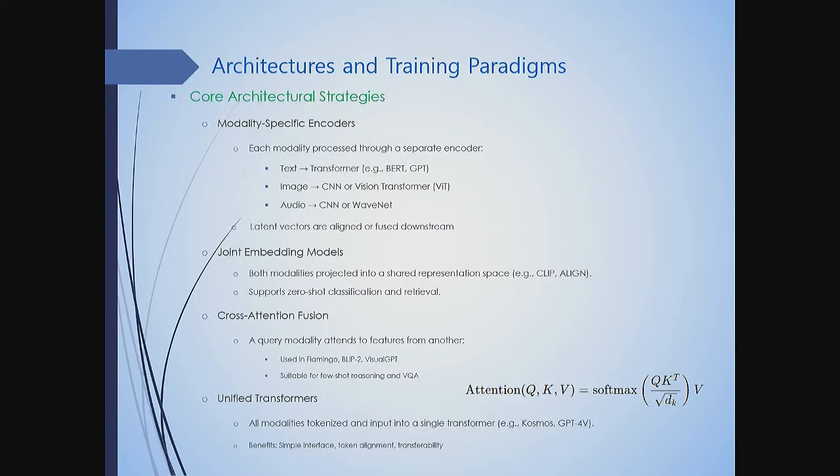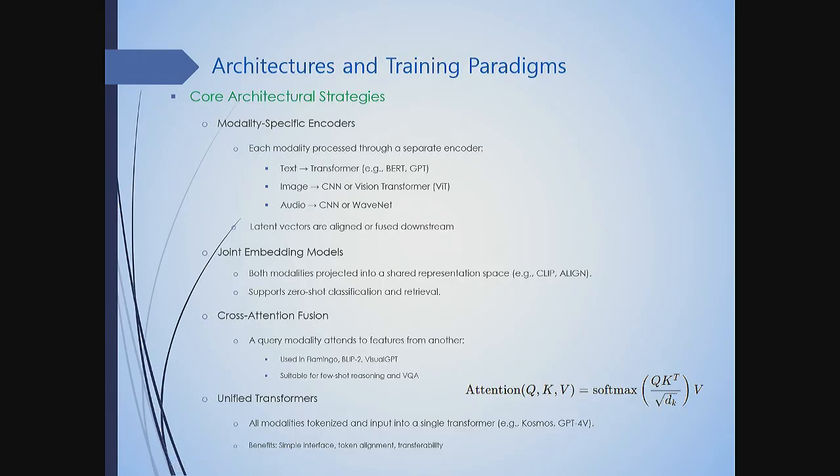For the text you can use a transformer, for the image some vision transformer, and for audio maybe a ResNet or some CNN. Then there's a latent vector, and you have to align all the fields downstream. You must make sure that at the end there's alignment. Alignment means matching the modalities.